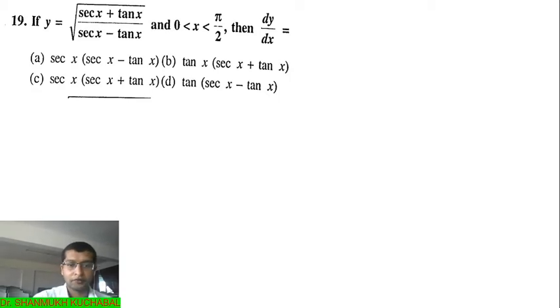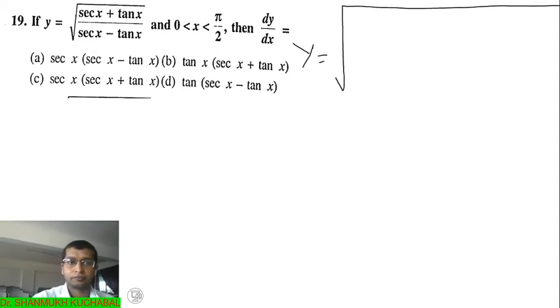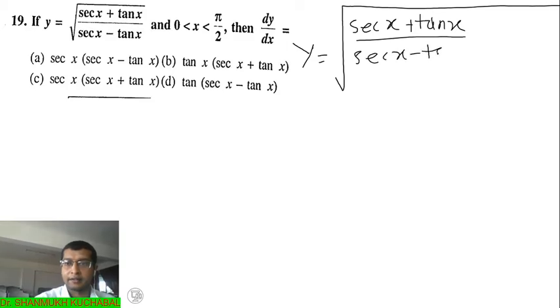So first, example number 19: y equals the square root of (sec x plus tan x) divided by (sec x minus tan x).